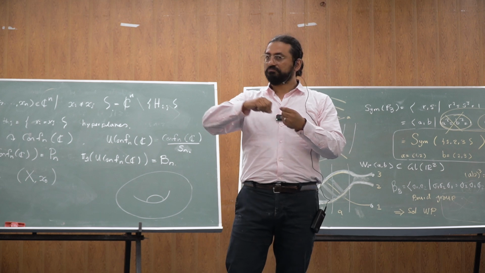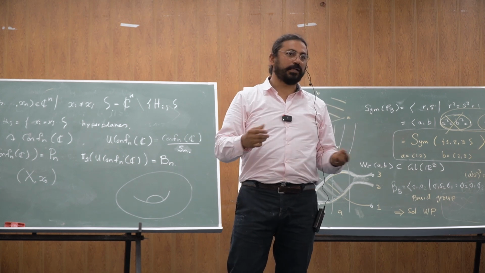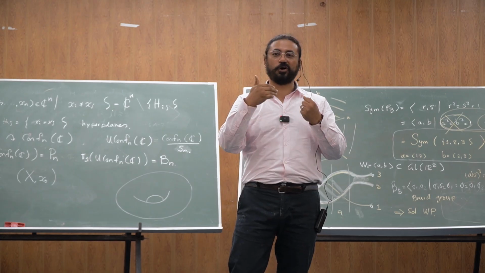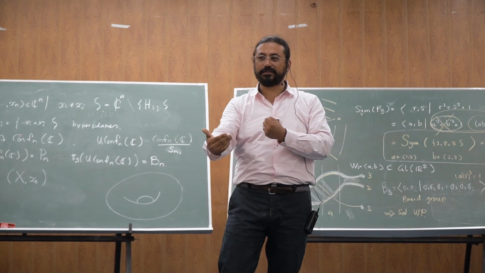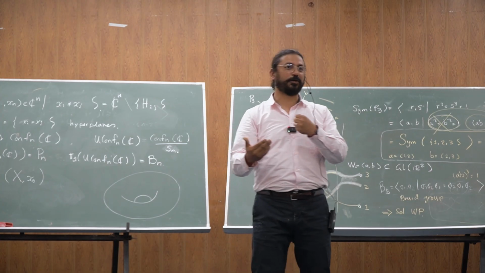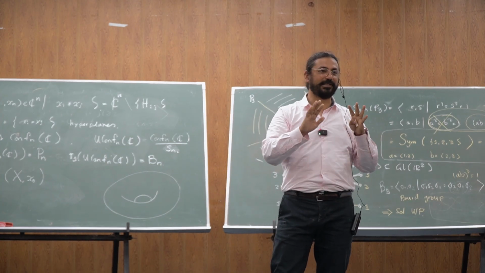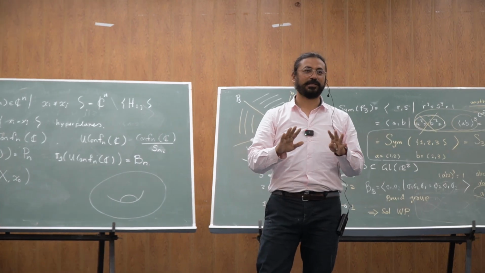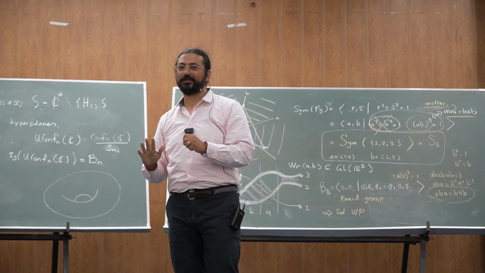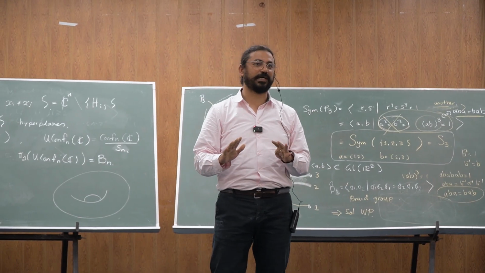Meaning, imagine whatever you want and draw a simple closed curve. Does it always have an inside and an outside? Yes or no? What do you say? Just think about it for 2 minutes. Just make some drawings in your notebooks if you know the answer or you don't know the answer.